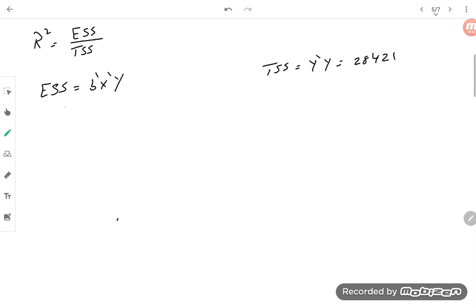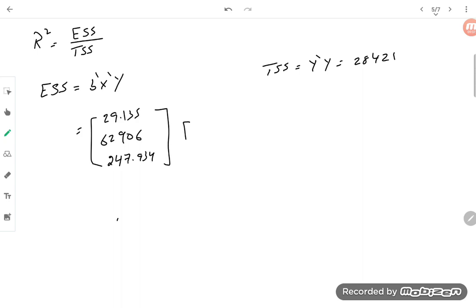So now we are going to calculate ESS. It's calculated using the values of X'Y: 29.135, 62906, and finally 247.934.